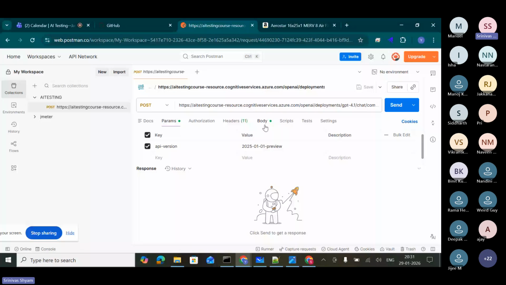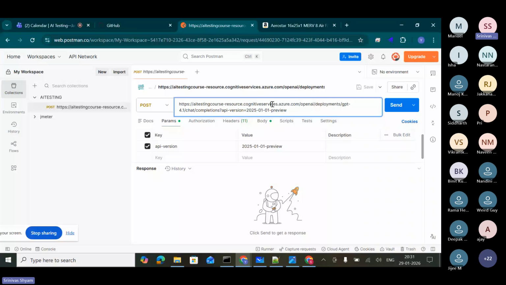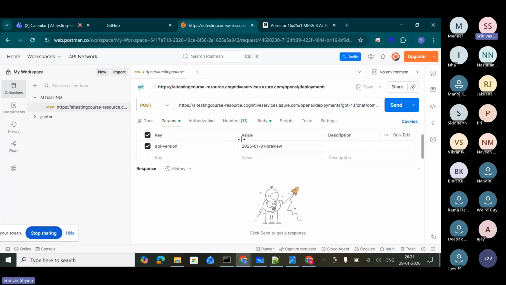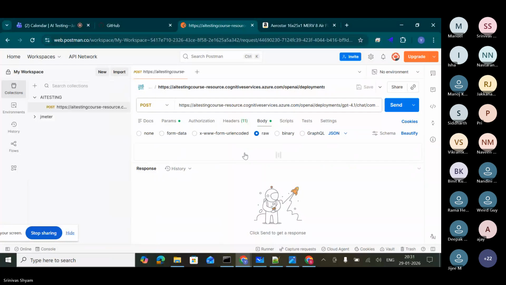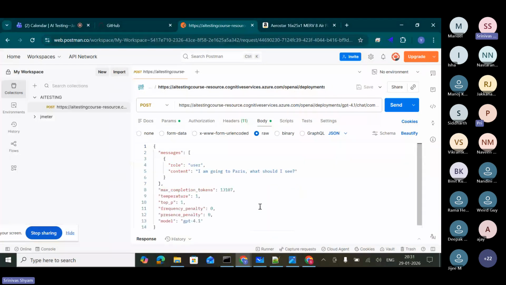So this is the GPT-4 completions API that I have created in Postman. Now, in the body lies the important things that I need to send, for example the question.